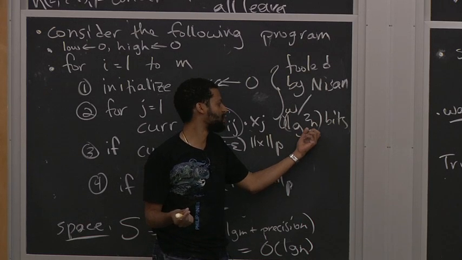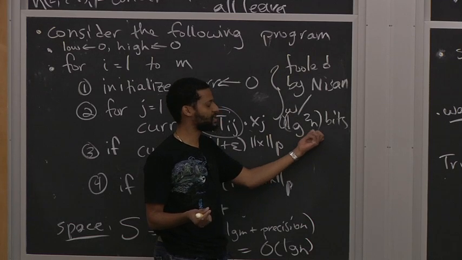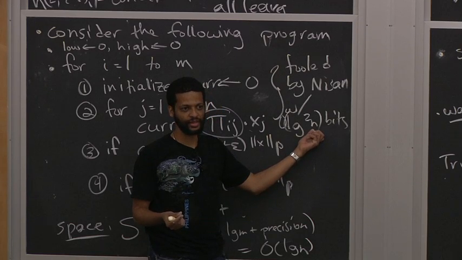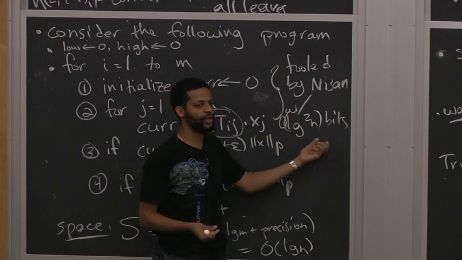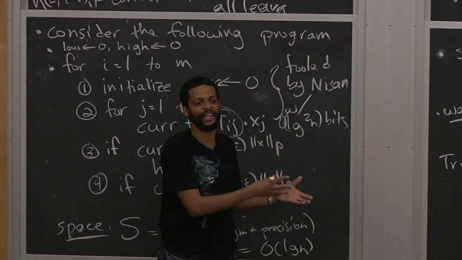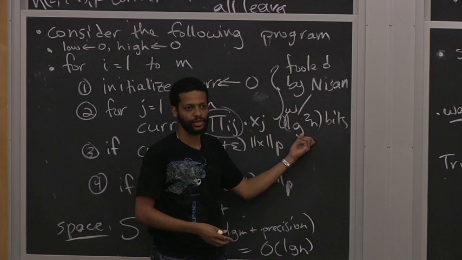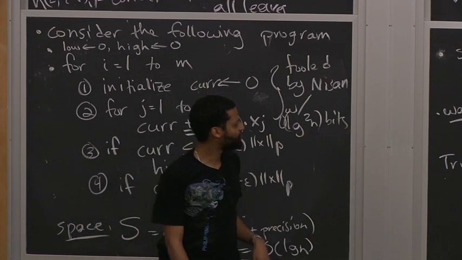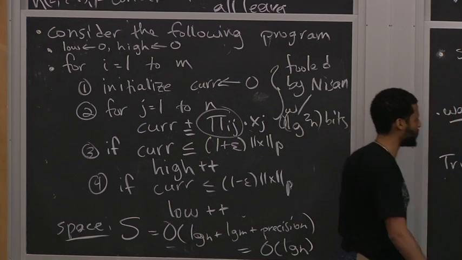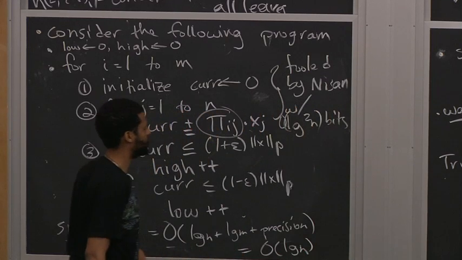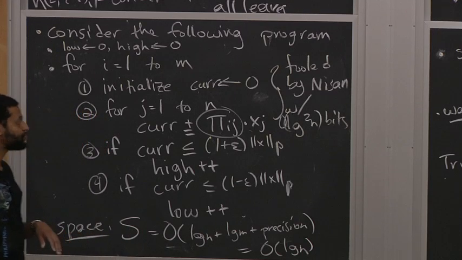So the total space would be like 1 over epsilon squared log n plus log squared n. So, for some range of epsilon, most of your space is dedicated to this part right here, to Nisan. So this eliminates that problem, but it's a little more work to actually analyze k-wise independence in this context, so I'm not going to do it.